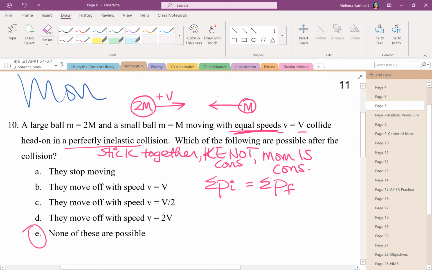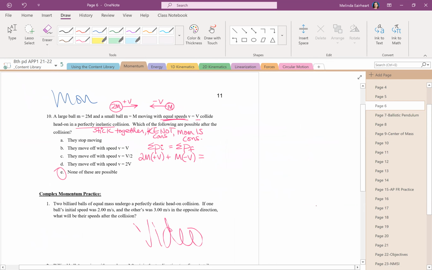After the collision, they're going to stick together. So in our conservation statement, we would say 2m times a positive v plus a single m times a negative v equals, well, if they stick together, what's your system mass? 3m, and here's the final velocity that we're trying to solve for.